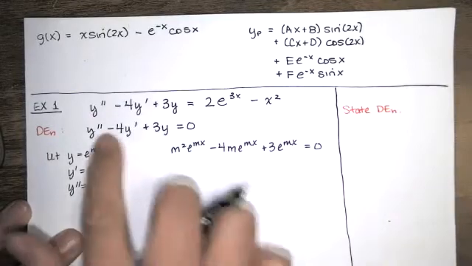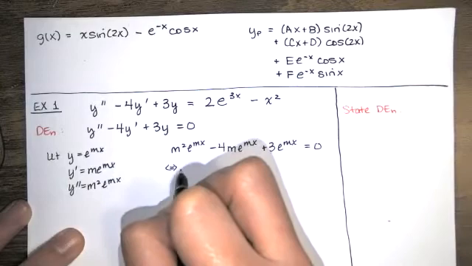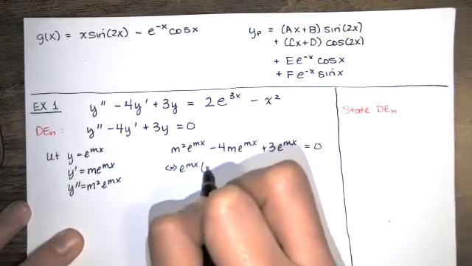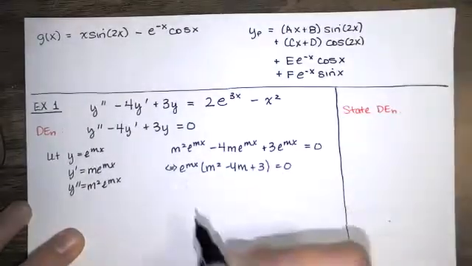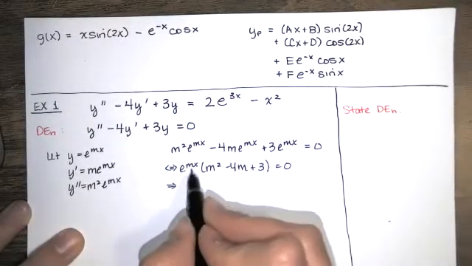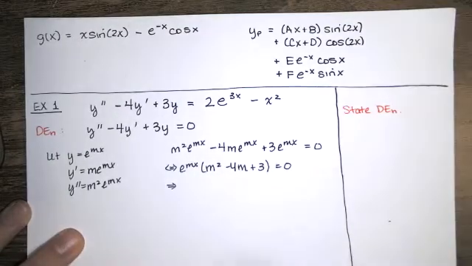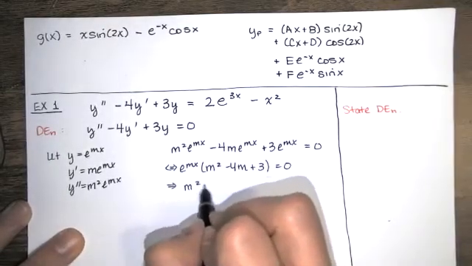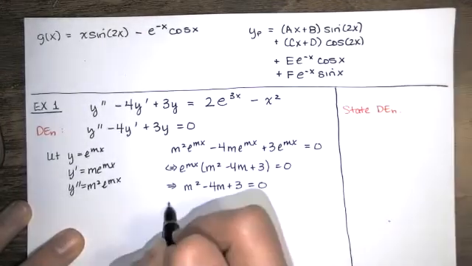If this is a solution, then this equation is satisfied. And then you can factor out the e to the mx. If this times this equals 0, this equals 0 or this equals 0, but exponentials are always positive. So we'll have m squared minus 4m plus 3 equal to 0.